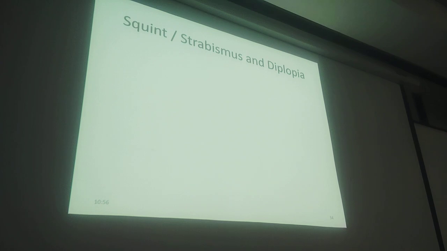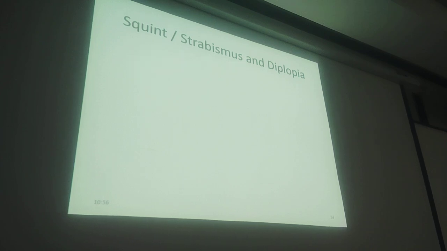Squint is the English word whose medical term is strabismus. So you sound more learned. If the angle between the two visual axes is not parallel, that's called squint.